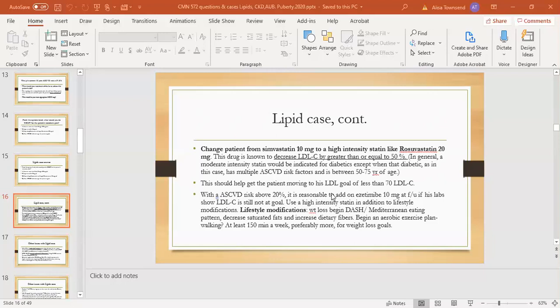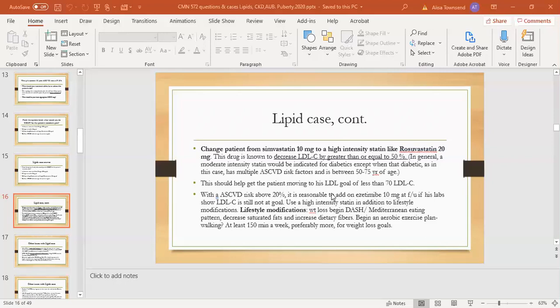You want to change the patient from simvastatin 10 milligrams to a high intensity statin like rosuvastatin 20 milligrams. This drug is known to decrease the LDL-C by greater than or equal to 50%. In general, a moderate intensity statin would be indicated for a diabetic, except when that diabetic, as in this case, has multiple ASCVD risk factors and is between 50 to 75 years of age.